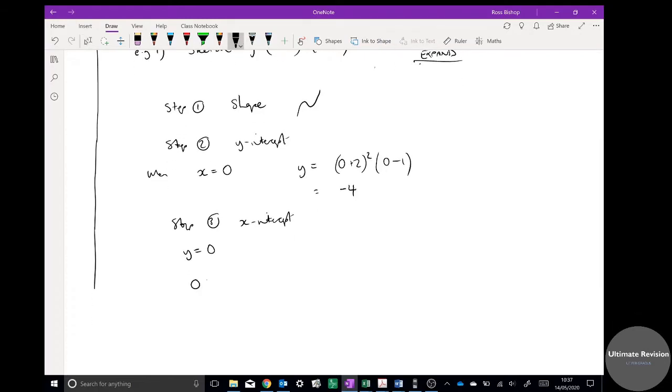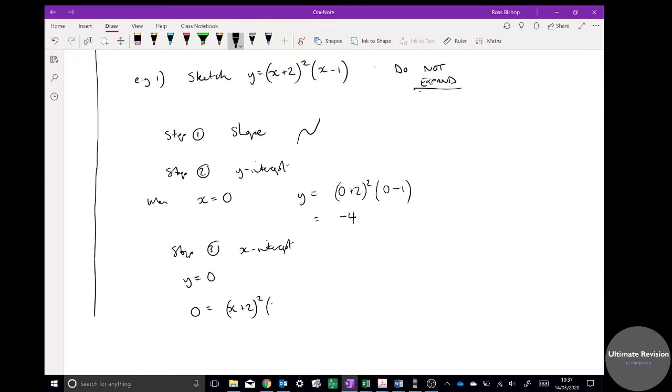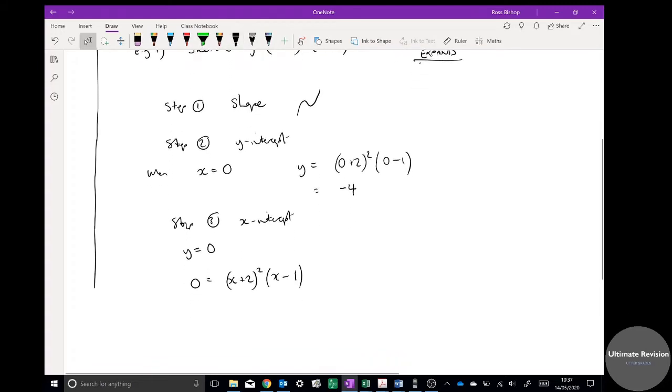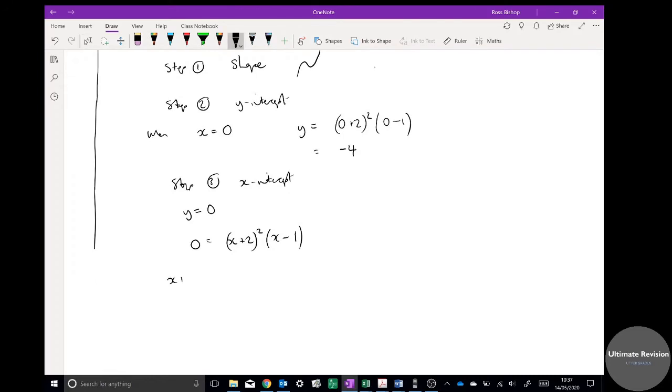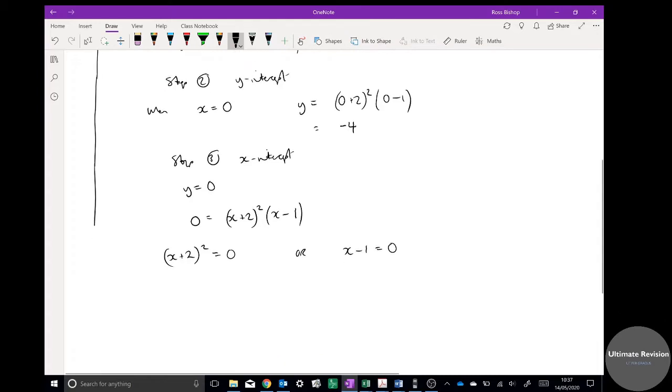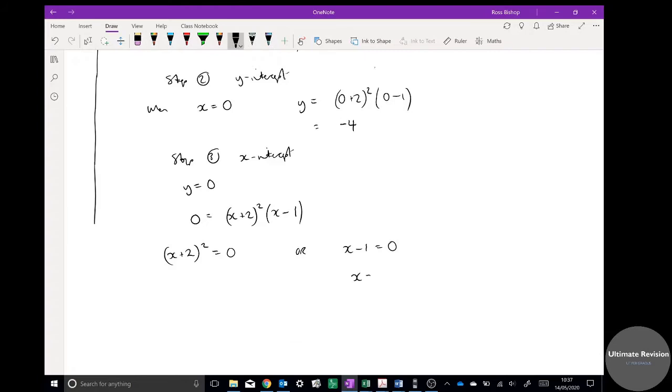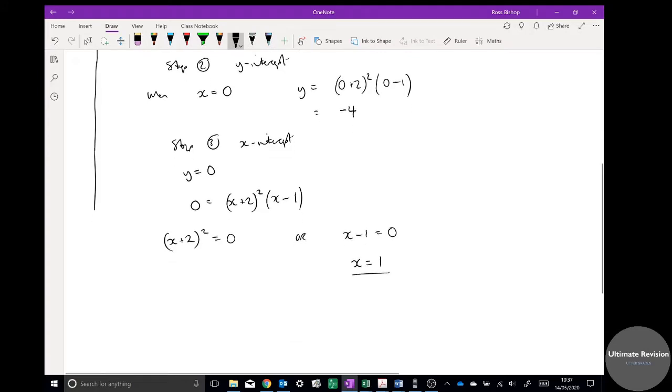So 0 equals (x plus 2) squared (x minus 1). Now it's already factorised, so either (x plus 2) squared equals 0 or x minus 1 equals 0. Over on this side, I'm definitely going to get one of my answers is 1. Over on this side, if I square root both sides, I'm going to end up with x plus 2 equals the square root of 0, which is just 0. So x equals negative 2.